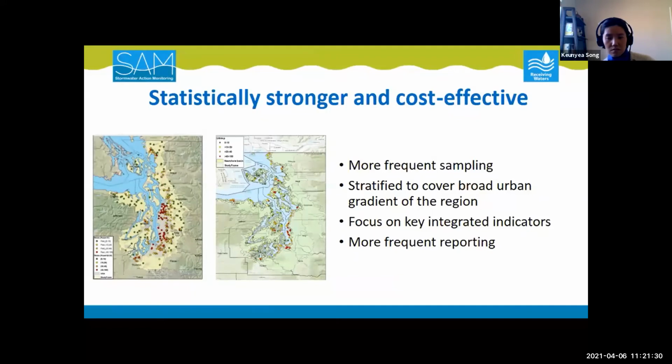Now we have a more frequent sampling frequency than before, and we stratify the study area using a more direct measure of stormwater and urban gradient and focus on more well-detected and stormwater-related chemicals. And we want to have more frequent reporting from this permit cycle to better communicate with the municipal permittees and others who may be interested in the studies.